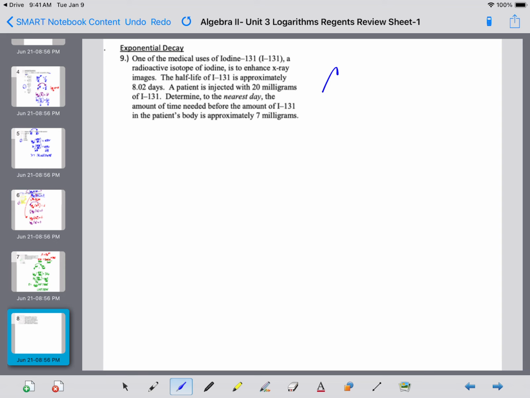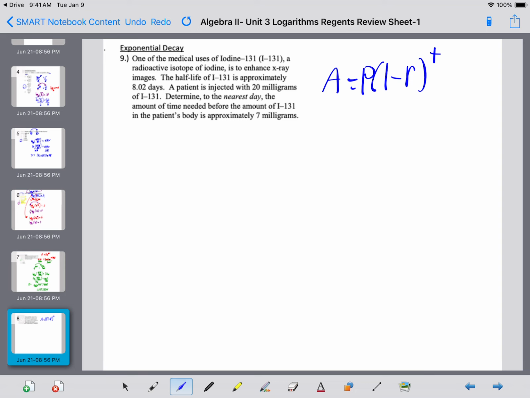So exponential decay, that's this formula. 1 minus r to the t. Not, unfortunately. t is days, right? And I want to discuss this a little differently, actually. Okay. So, a half-life. We know that it's going to be halving.